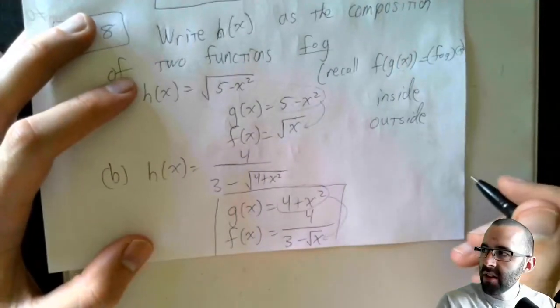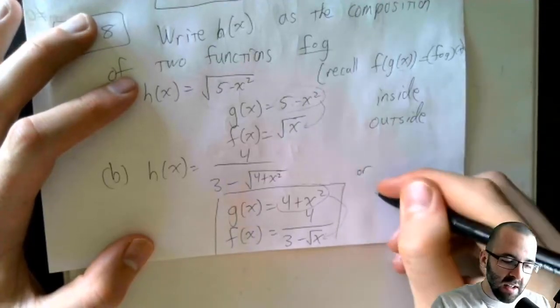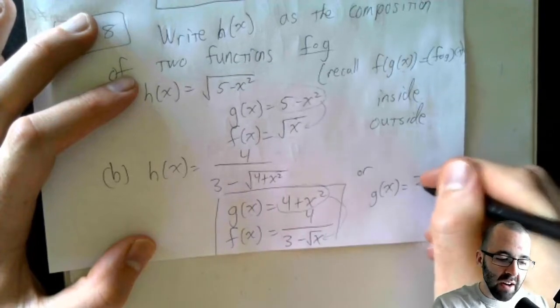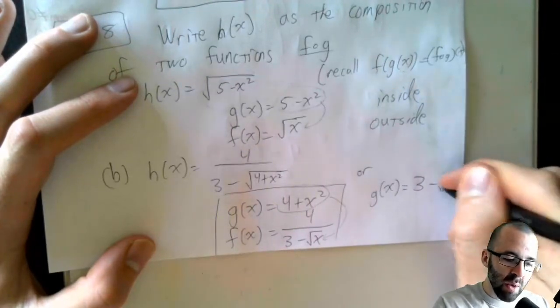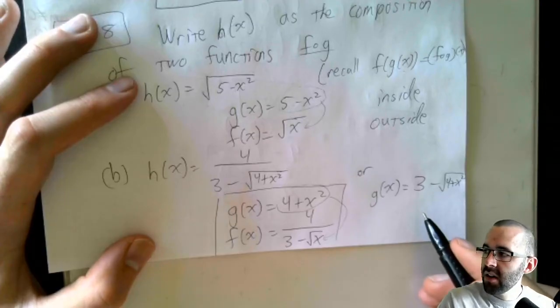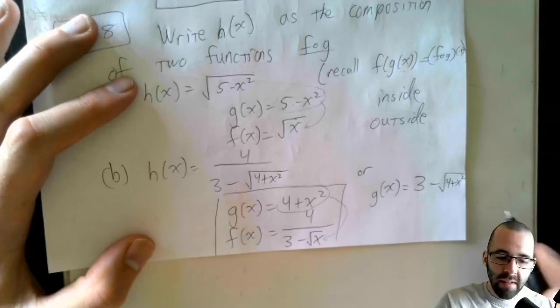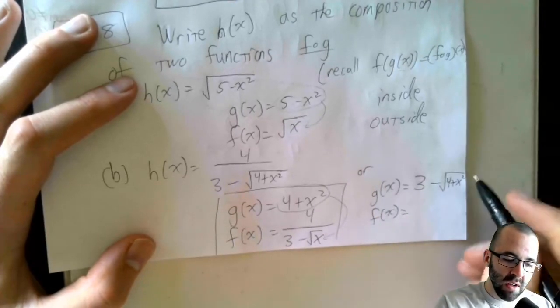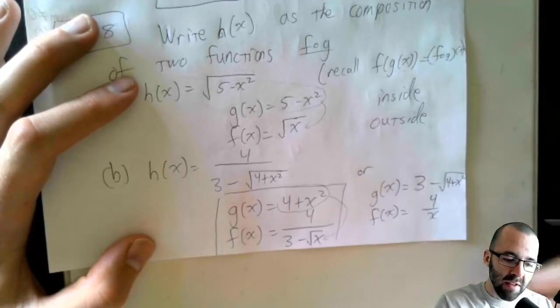You could have chosen other things as well, right? Another choice of inside function could have been the whole denominator, 3 minus the square root of 4 plus x squared. This could have worked for an inside function as well. And then if this was our inside function, then our outside function would be 4 over x.